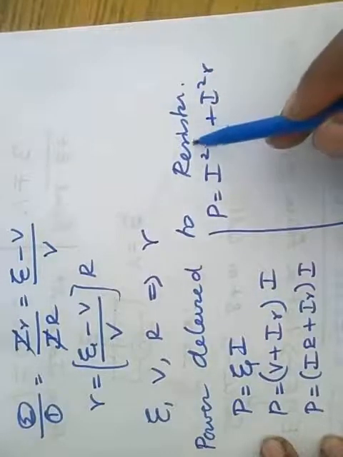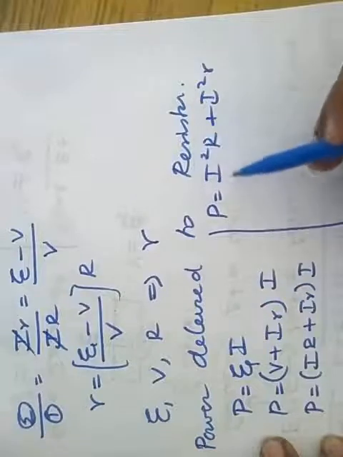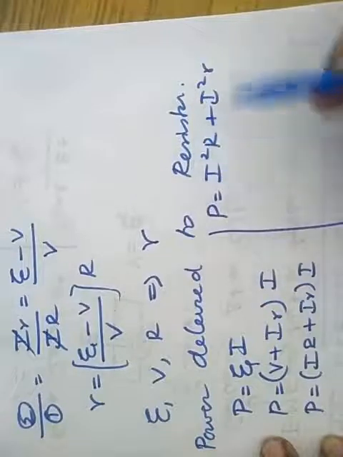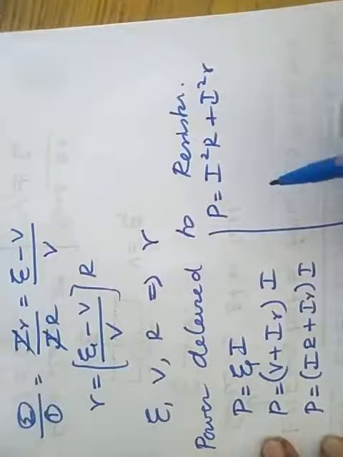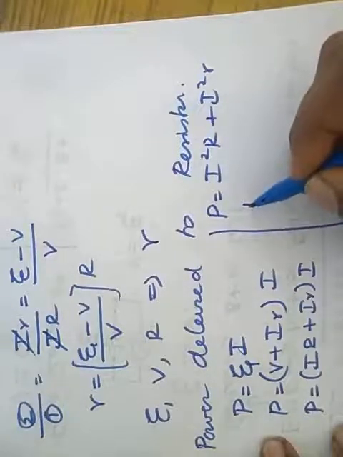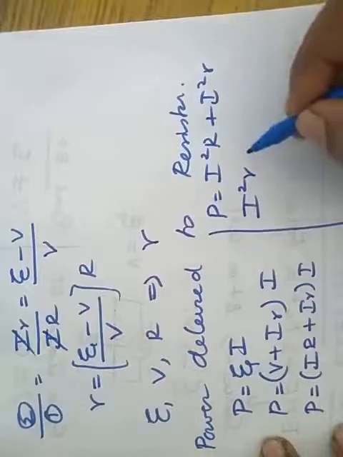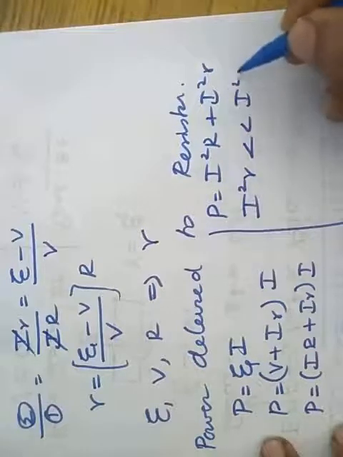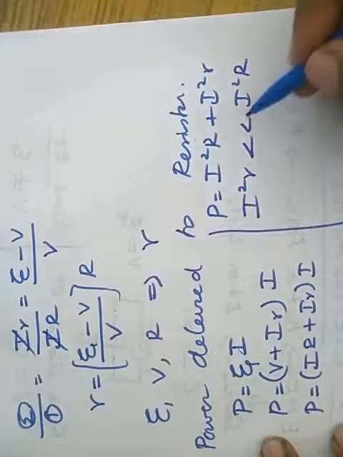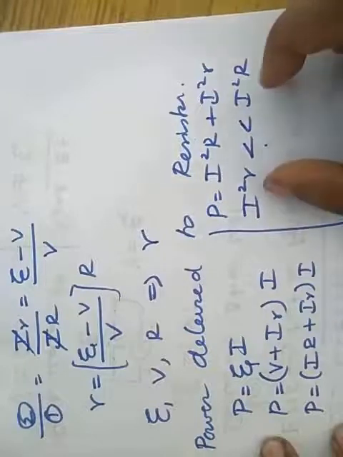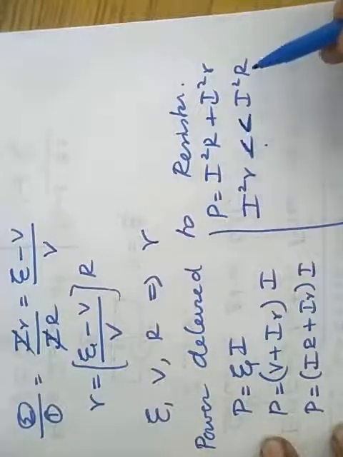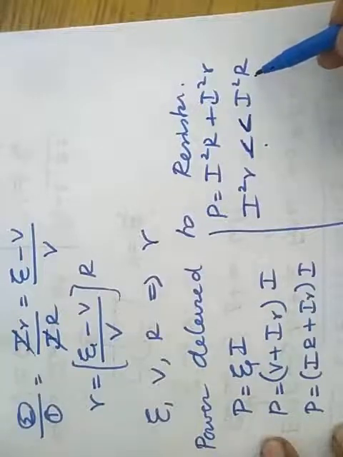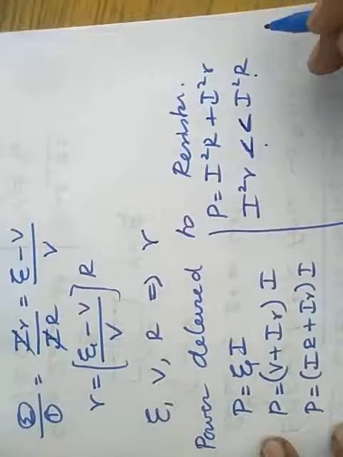Here I squared R is the power delivered to the external resistance. Here I squared r is the power delivered to the internal resistance. We always prefer I squared r to be less than I squared R. This is more effective because most of the power will be delivered to the external resistance, that means your load or your appliances. Okay, got it?